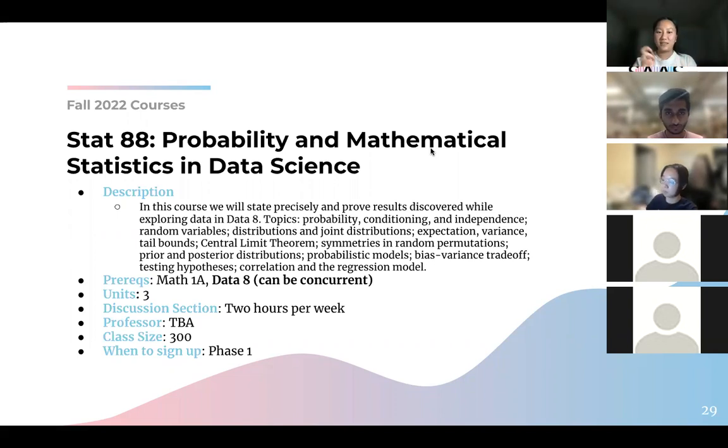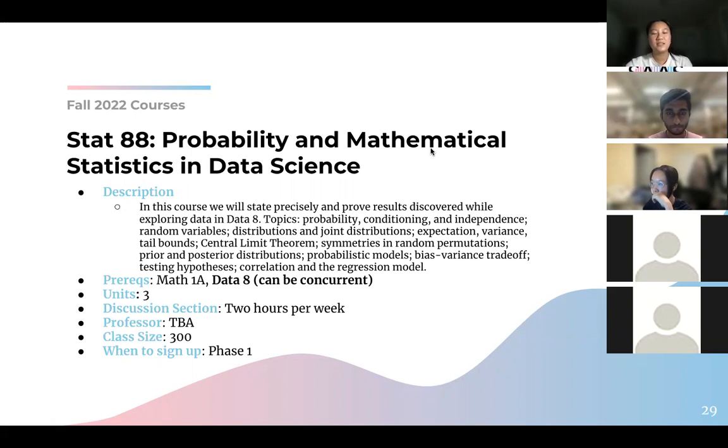It goes over a lot of topics, including probability, conditioning and independence, random variables, distributions, joint distributions, expectation, variance, tail bounds, central limit theorem, bias-variance trade-off, and a lot of this good stuff.